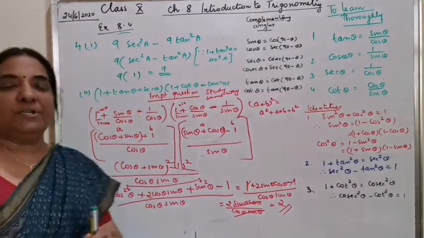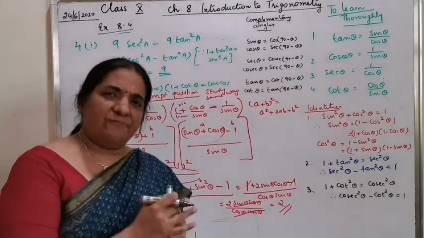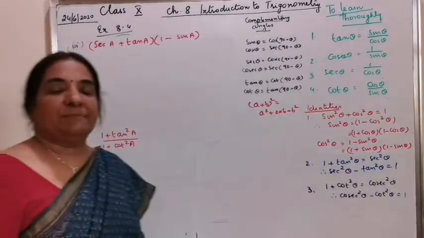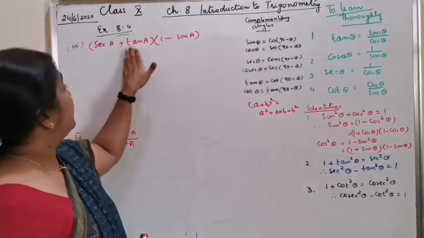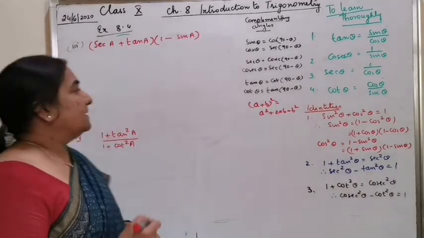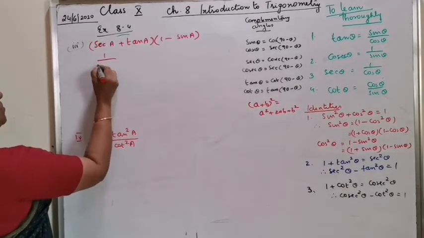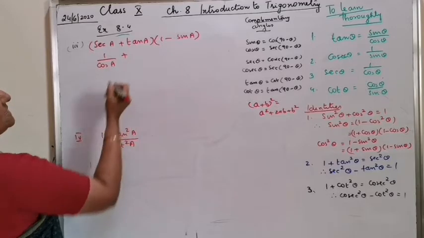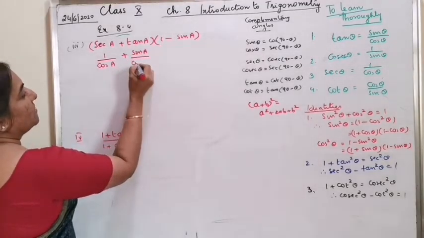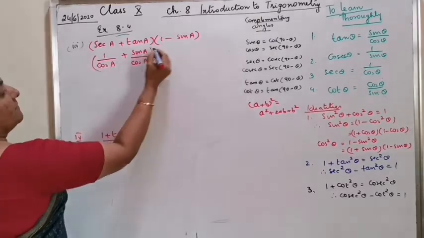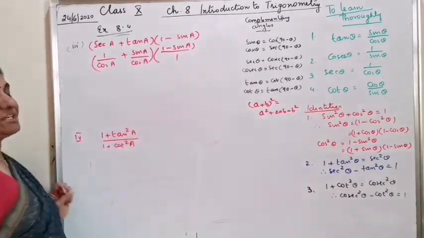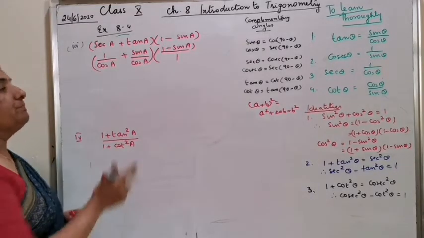It is a very important question. Study it the same way, because it may be asked as a 2-mark question. Subdivision 3: sec A plus tan A into 1 minus sin A. Convert sec A as 1 by cos A, plus tan A can be written as sin A by cos A, and 1 minus sin A, if you want to make it a fraction, by 1.